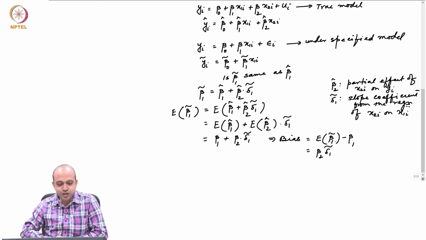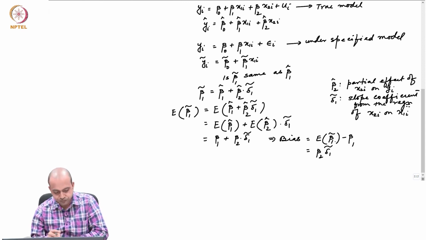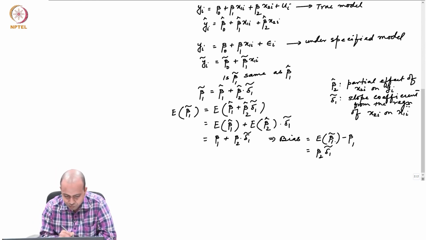So the question we were asking earlier, whether beta 1 tilde is the same as beta 1 hat: they are actually not the same, because look here, expectation of beta 1 tilde equals beta 1 plus beta 2 delta 1 tilde. Now, when will there be no bias? The bias would become 0.